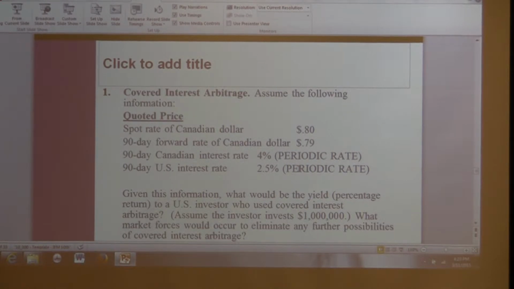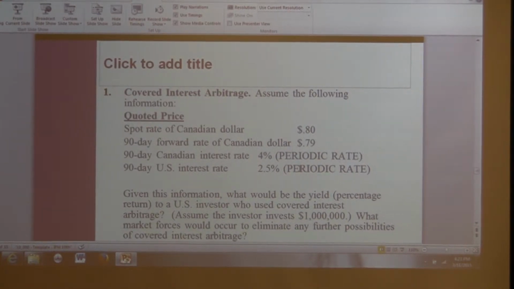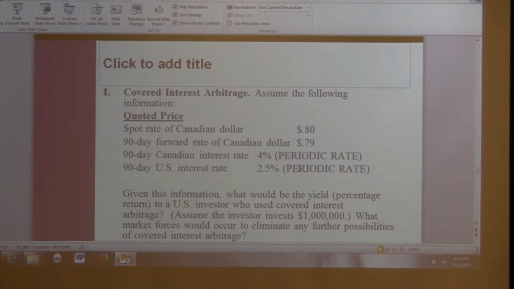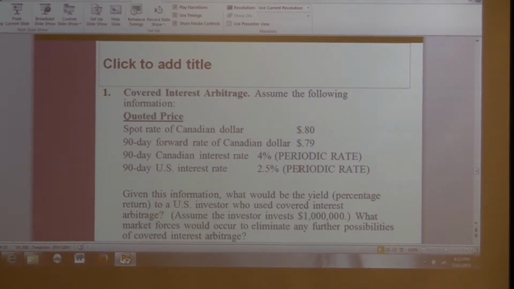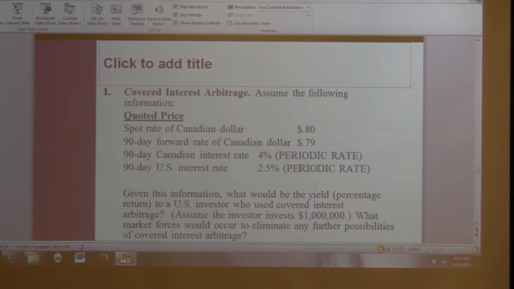So today at time t equals 0, convert the dollars into Canadian dollars, okay? Invest at the risk-free rate in Canada, okay? So here what it says is that the exchange rate is 0.8, okay?